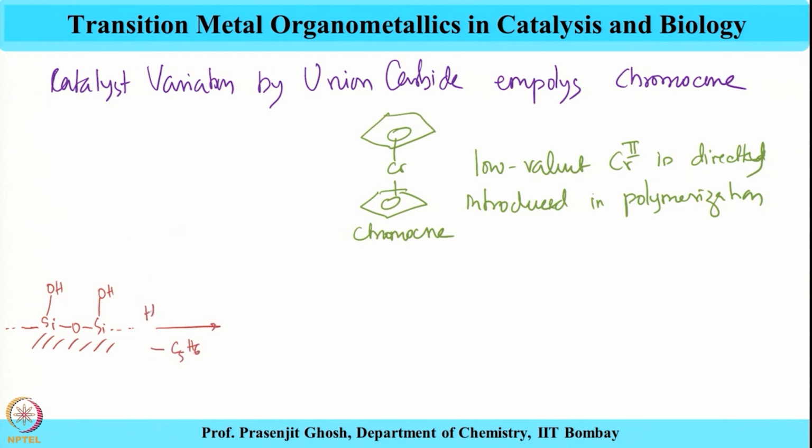So, in presence of hydrogen, chromocene is introduced, and this results in elimination of cyclopentadiene C5H6, but anchoring the chromium compound onto the silica surface.